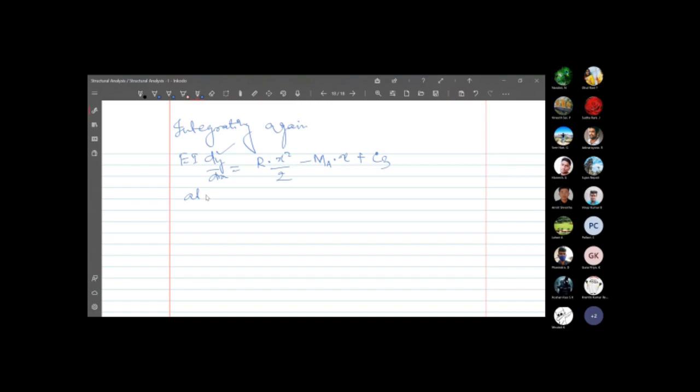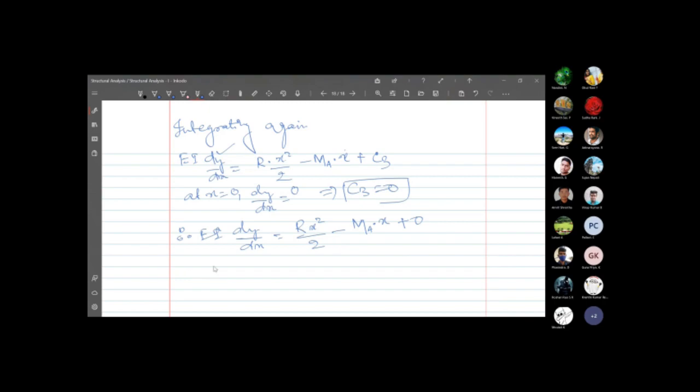So at x equals to 0, dy by dx becomes 0. So everything will be 0, C3 equals to 0. Therefore EI into dy by dx equals to Rx square by 2 minus MA into x plus 0.